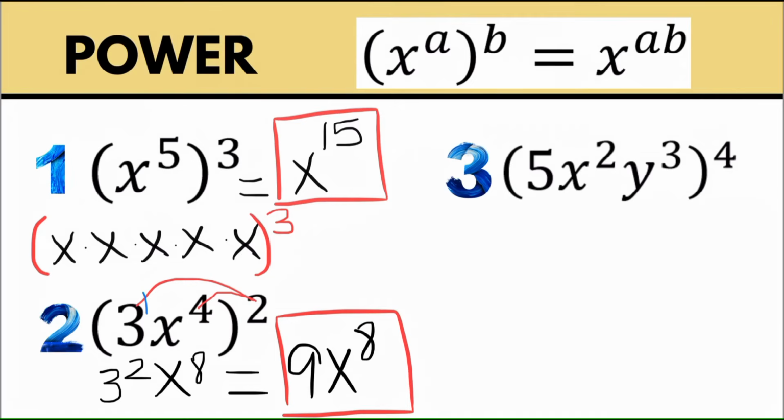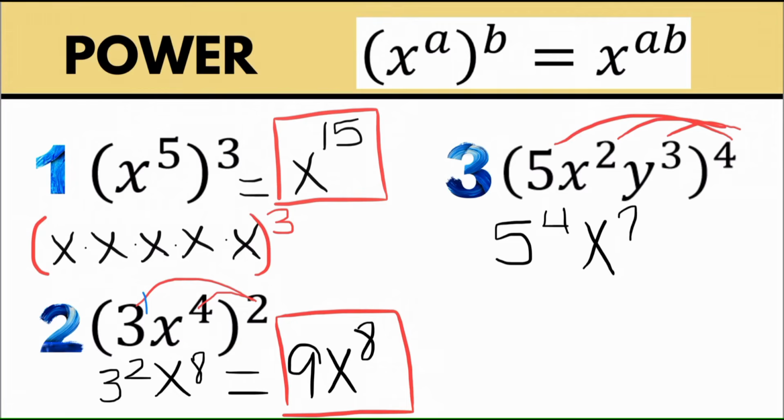Number 3, the quantity 5x squared y cubed raised to the 4th. I've got to apply this exponent to everything on the inside. So this is equivalent to 5 to the 4th power times x to the 8th, because I'm multiplying 4 times 2, 8, and 4 times 3, 12, y to the 12th.